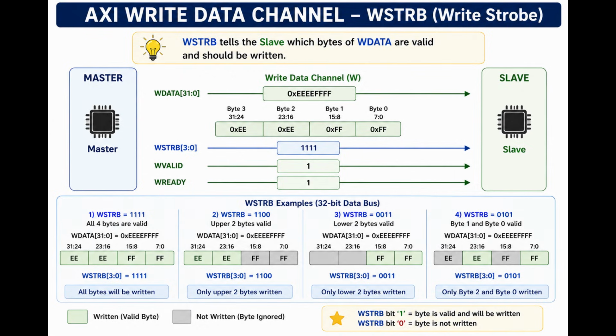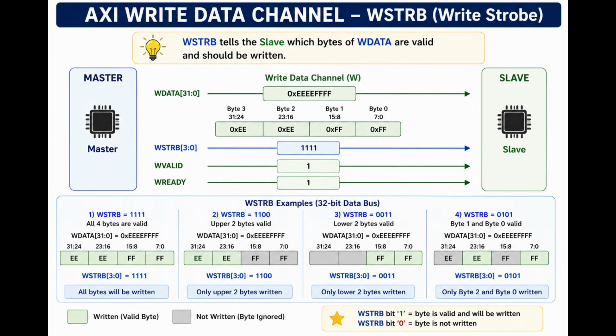It tells the slave which bytes of the W data are valid and should actually be written. Each bit in WSTRB corresponds to one byte of the data bus. For example, if we have a 32-bit data bus, there are 4 bytes, right? So WSTRB will have 4 bits.